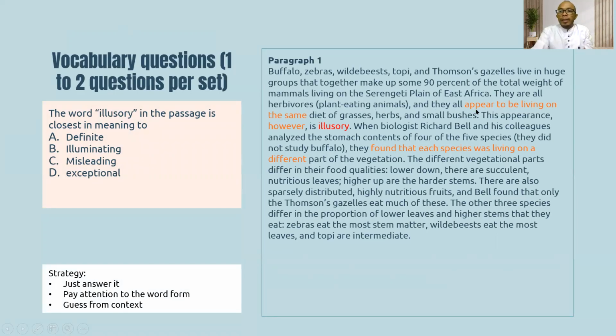So here it looks like they are eating the same diet or the same food, but that is illusory. So it looks like they do something, but that may not be true, right? So that's the logical sense of the context or the sentence. So that means illusory is going to be exceptional. Okay.